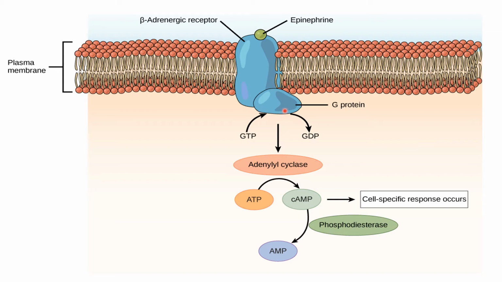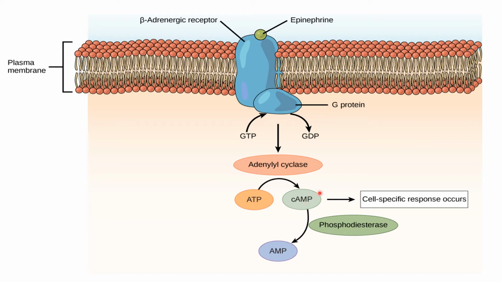The GDP that is originally bound is replaced by GTP. After attachment of GTP to the alpha subunit, it activates the effector molecule, here adenylyl cyclase, which I have already discussed in the previous slide, that actually has the function to produce the secondary messenger, which converts the ATP into cyclic AMP.